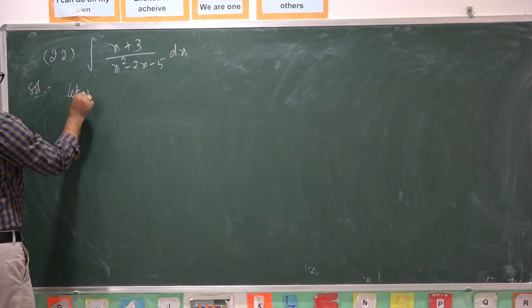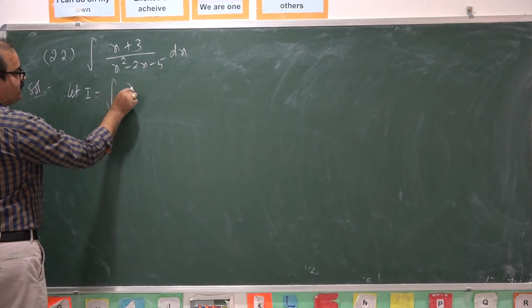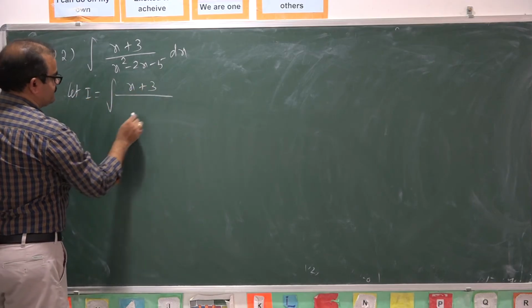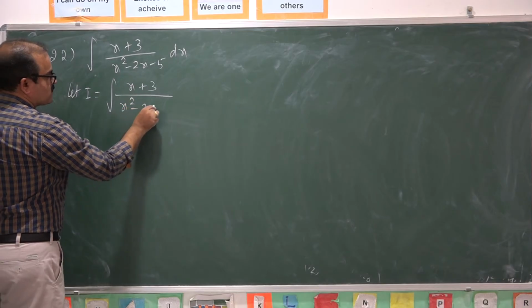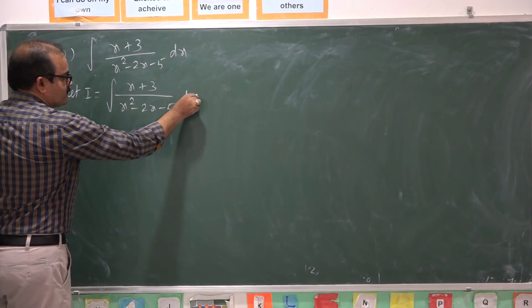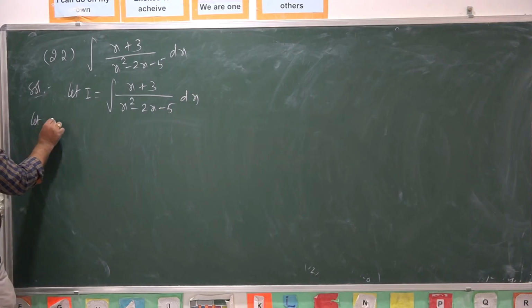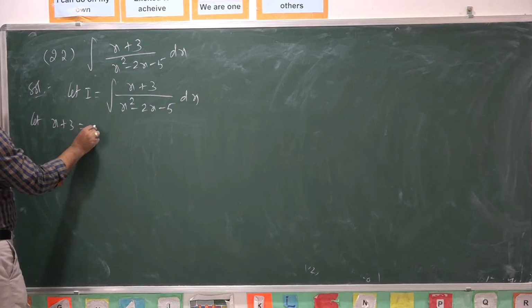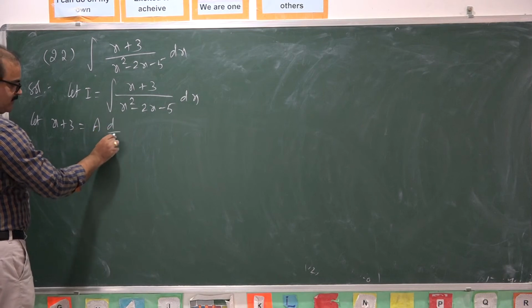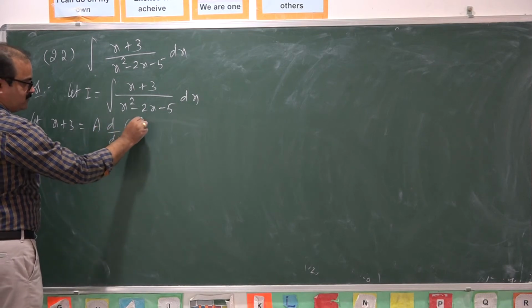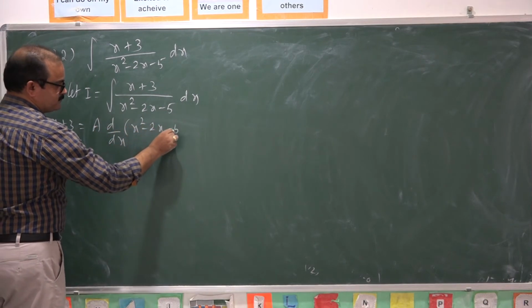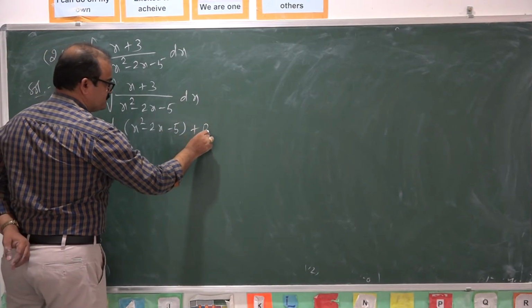Let I is equal to the given problem, (x + 3) by (x² − 2x − 5). Let linear form x + 3 is equal to a into d by dx of quadratic form plus b.